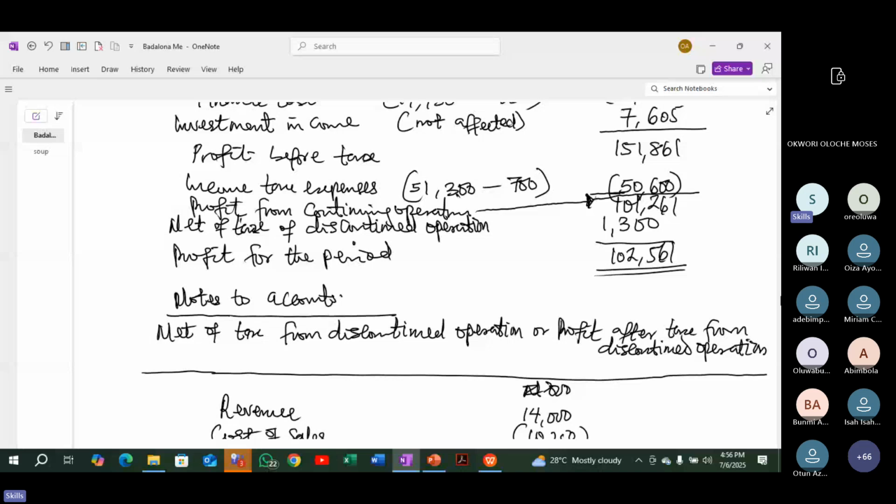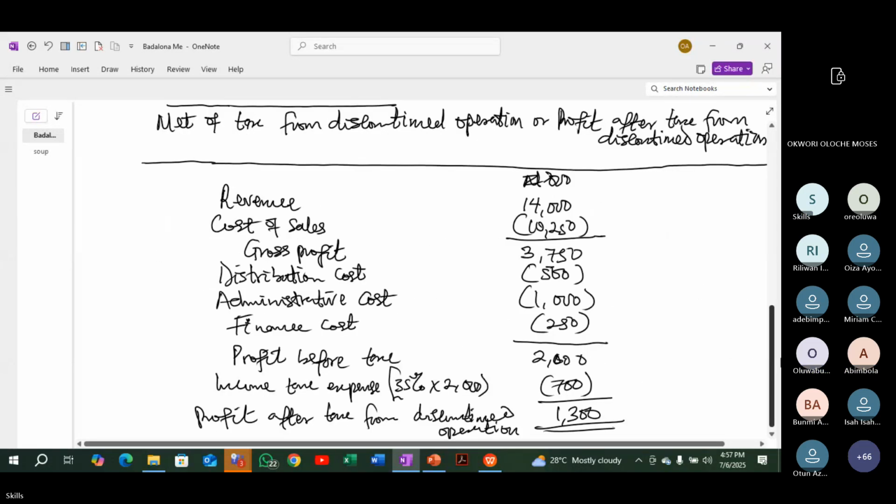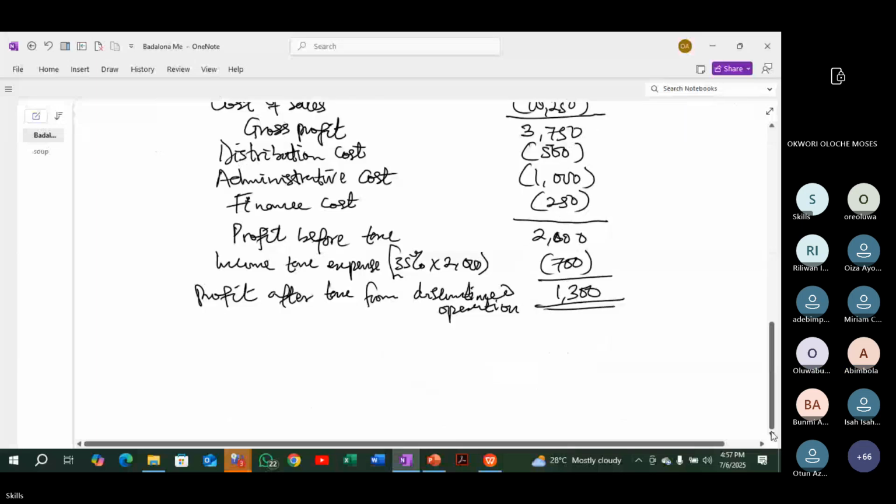The gain on disposal, you can bring it under net of tax from discontinued operation, under this 1,300. Or better still, you can bring it under here.